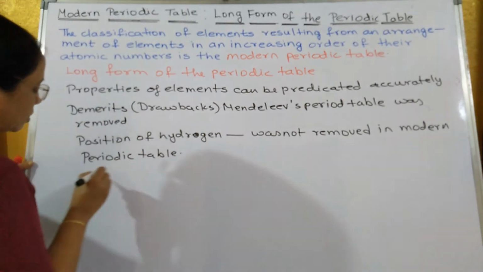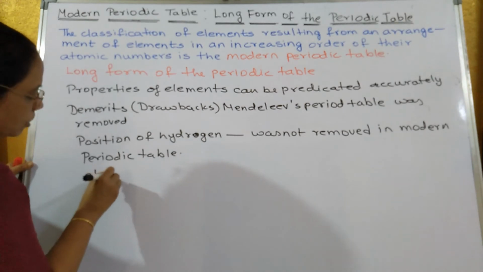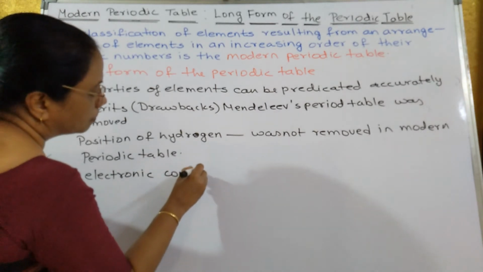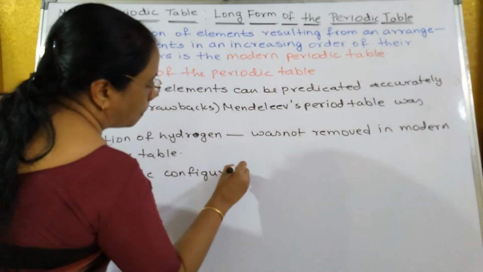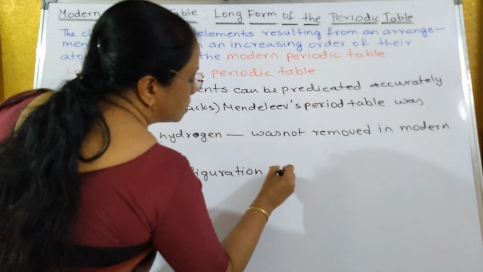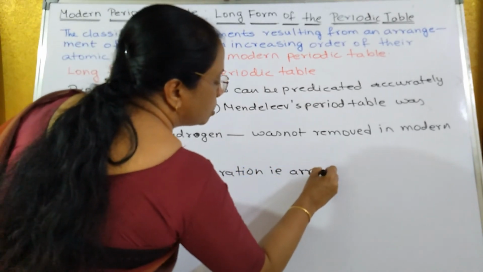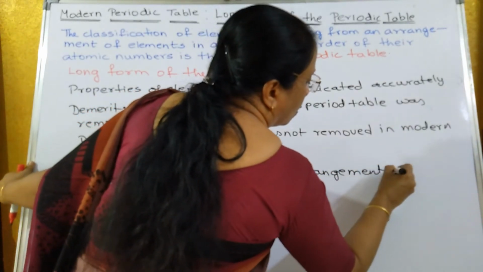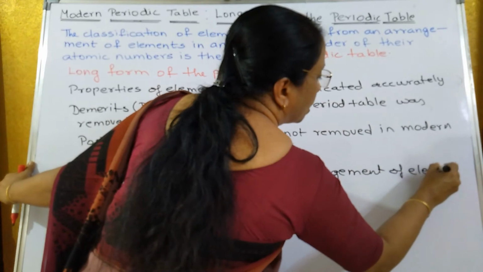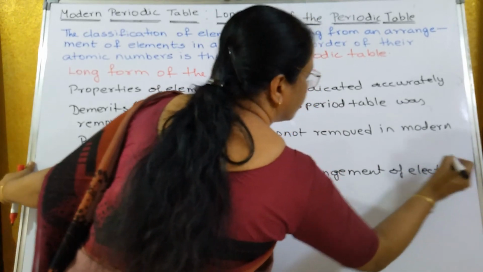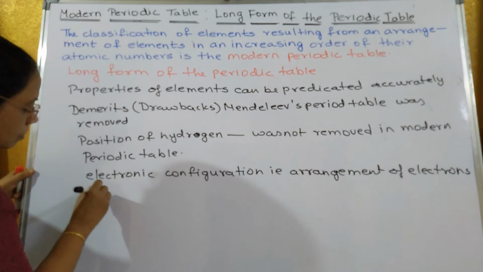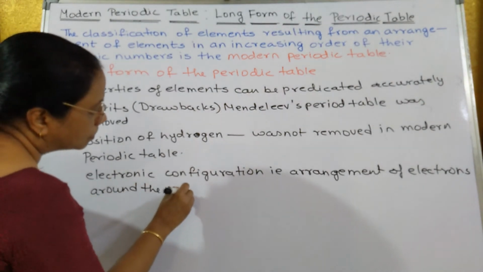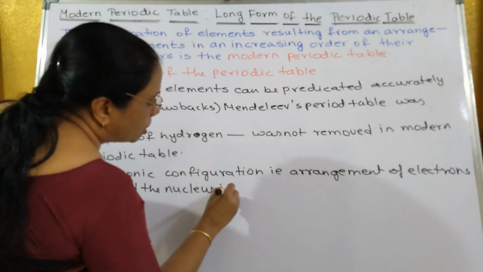Now what is electronic configuration? Electronic configuration is what? That is arrangement of electrons around the nucleus in different shells.